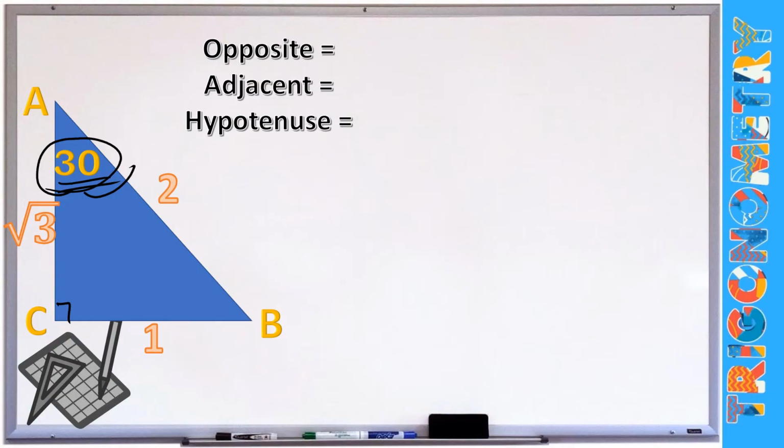So in this given triangle, our hypotenuse is 2. And we have here the opposite side is 1. And we have here your adjacent side, which is the square root of 3. So since you already have the opposite, the adjacent, and the hypotenuse, we can already have the 6 trigonometric ratios.